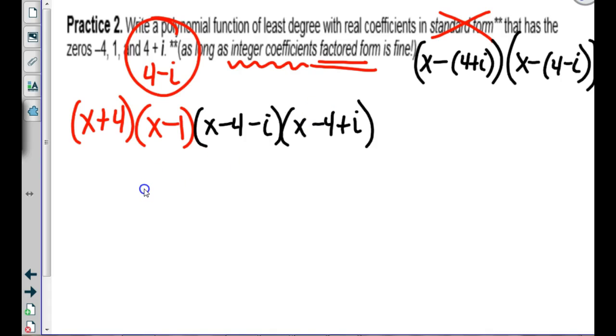I want you to try this. I'm actually going to stop the recording and give you 30 seconds. Try to FOIL those two together and see what happens. We can leave these out here.